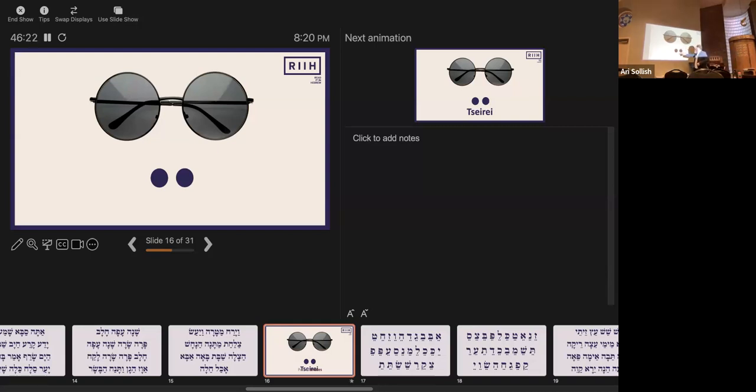So with these two dots, the vowel is A. Remember the letters that we did? R, D. If you put a komets under the R, it would be rod.